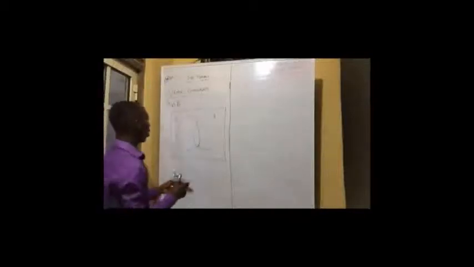Don't forget from the definition of intersection, it is the elements common to both set A and set B. So my A intersection B is going to be this region. The shaded region is my A intersection B. I hope that is clear.